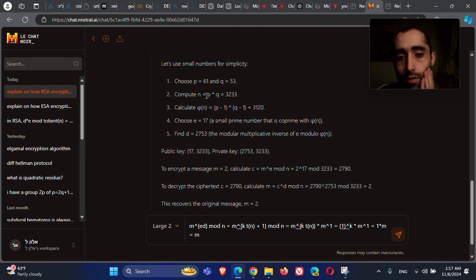Now this is the totient function of p times q, which is the totient of p times the totient of q. Because p is a prime number, the totient of p just asks how many numbers from 1 to this number are coprime to it. Because it's a prime number, there are p minus 1.